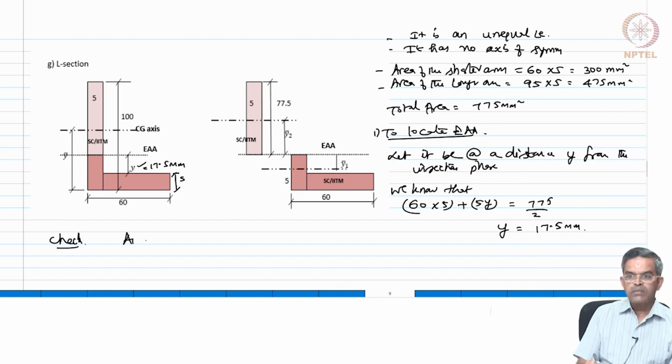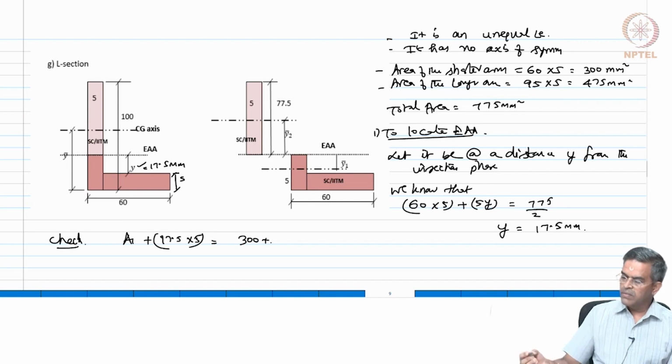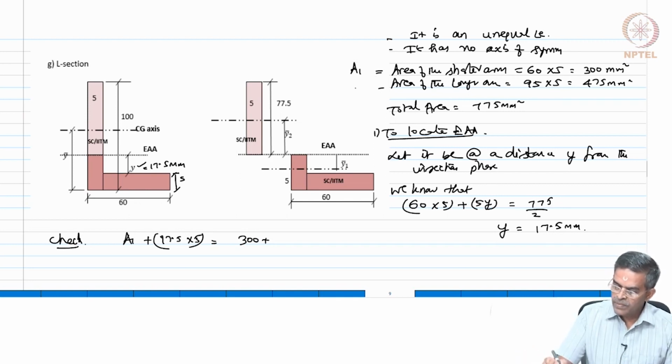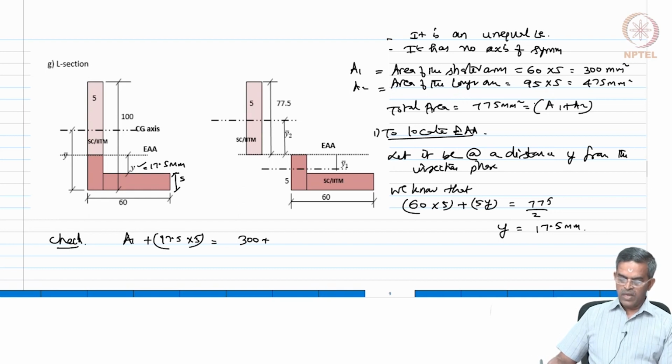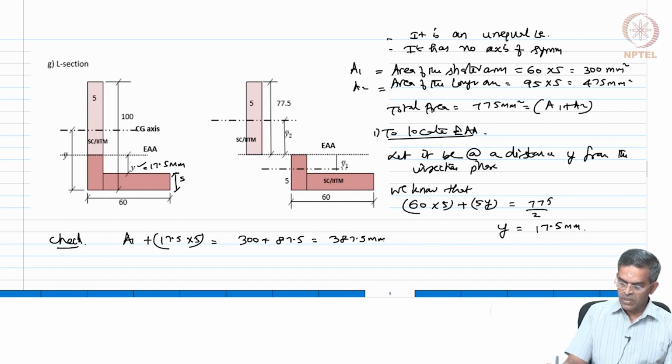So, A1 plus 17.5 into 5 should be equal to 387.5. We will call this as A1 and this as A2. Okay, total area is A1 plus A2. So, A1 plus 17.5 into 5, which is 87.5, which is 387.5 mm square, is actually equal to 775 by 2. So, it is okay, is it not?